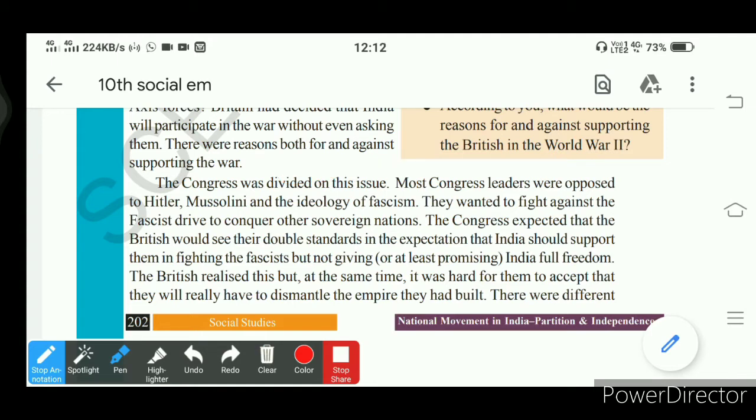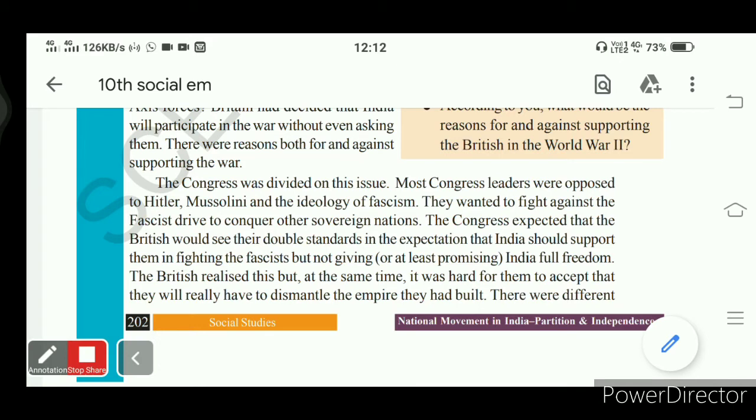Understand? So it was the thing that if the British got success in the Second World War, they would not dismantle the empire they had built, and the British wanted to continue their rule in India too.